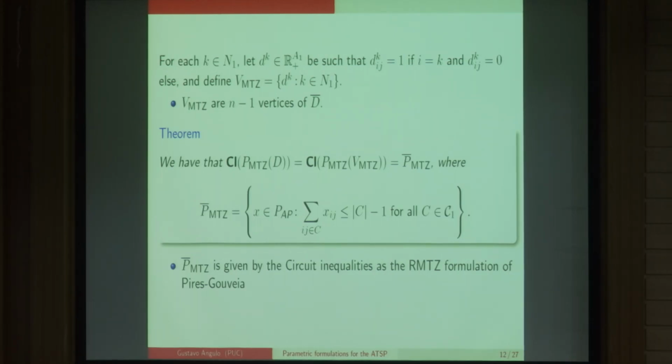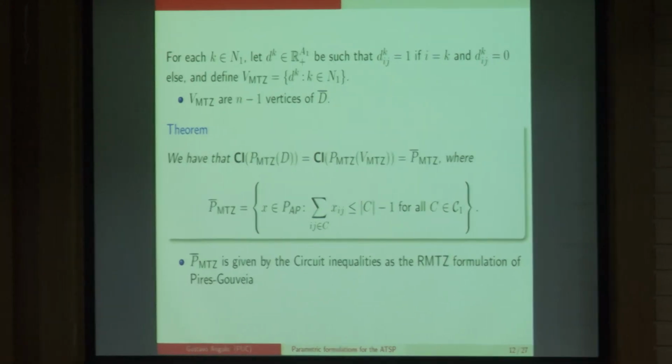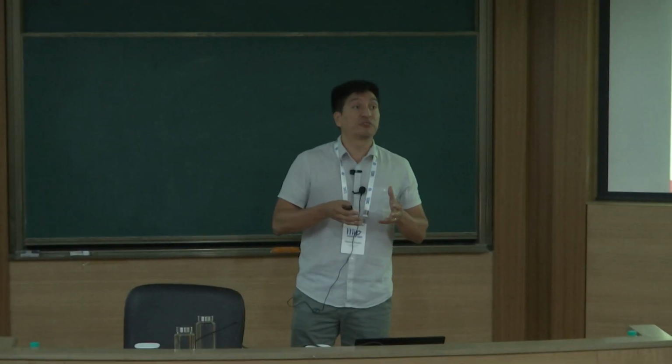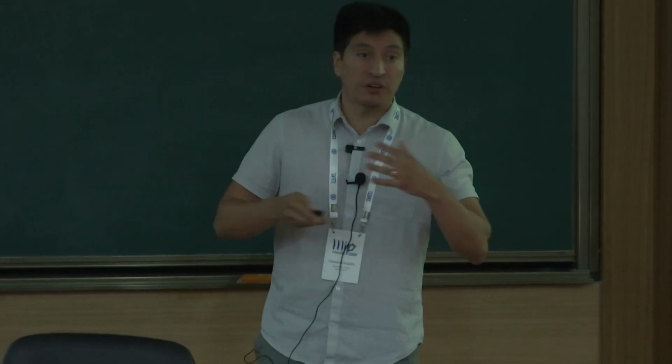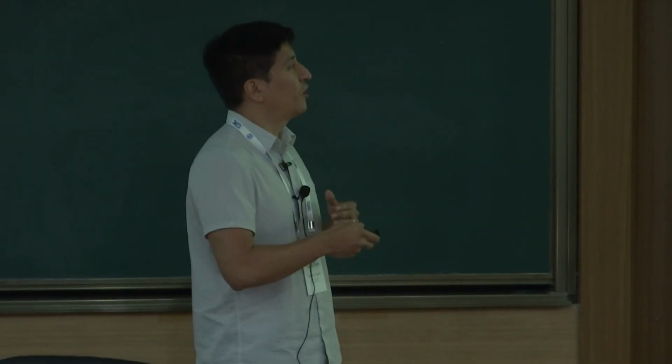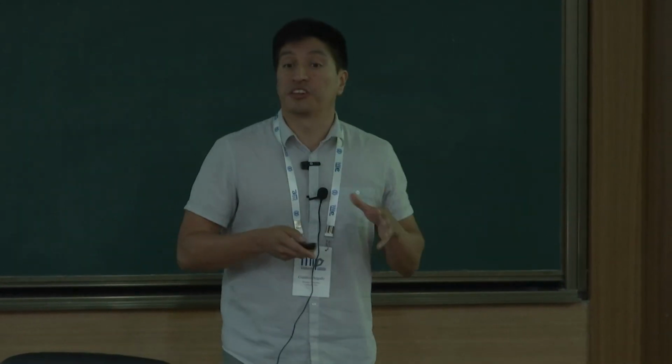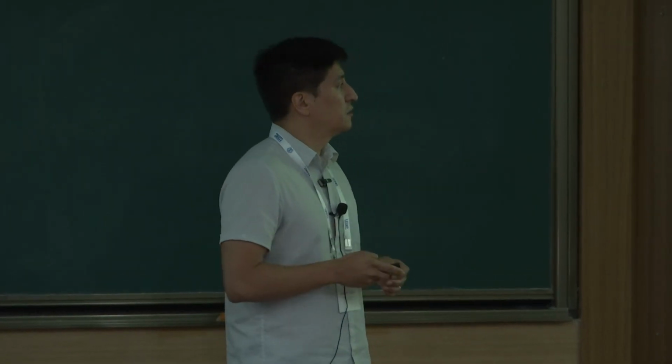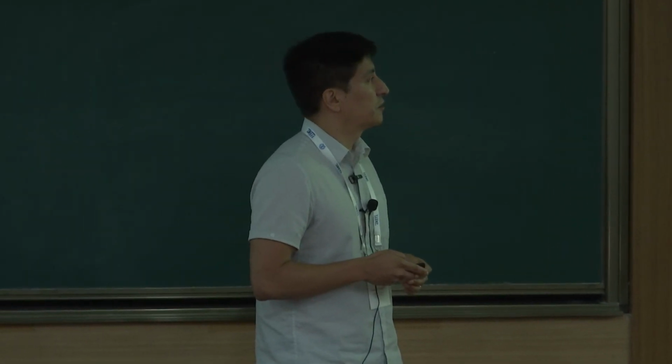And they show that this disaggregation gives rise to circuit inequalities. Now we have shown that the same circuit inequalities arise as intersecting all possible choices of these generalized Miller-Tucker-Zemlin formulations, which is kind of interesting because there are two ways, at least, of getting this stronger formulation. So there's a connection there.